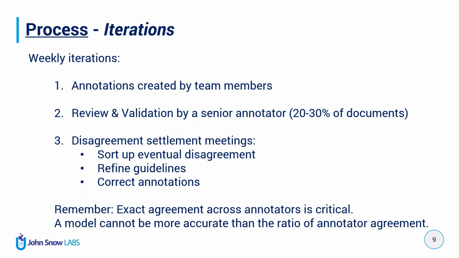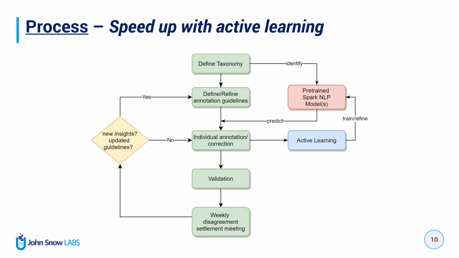This is counterproductive. So my suggestion is to use small iterations and build several versions of the model, and then use those models to speed up the annotator's work.